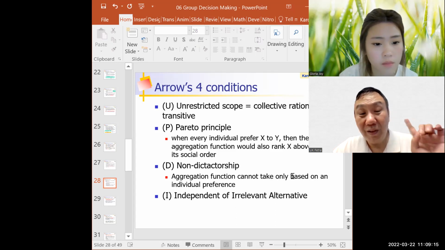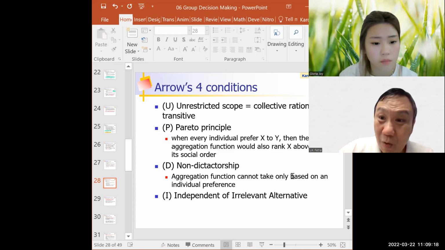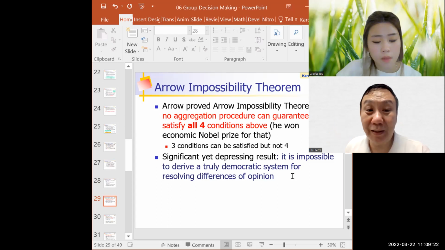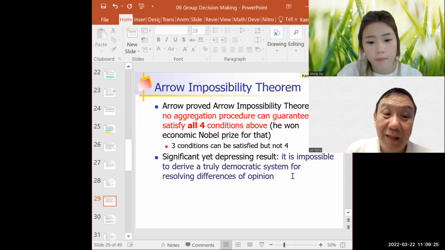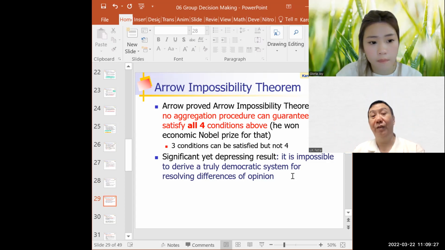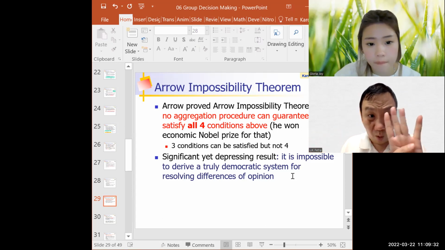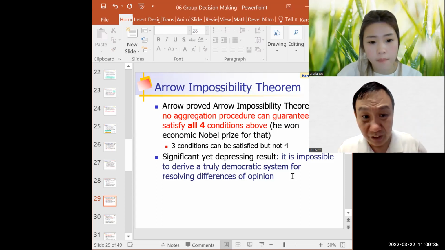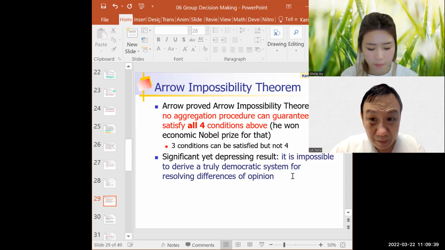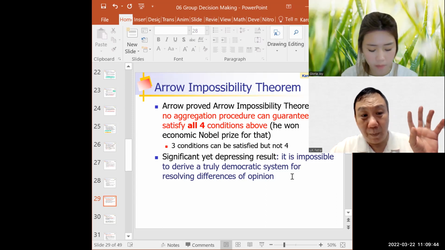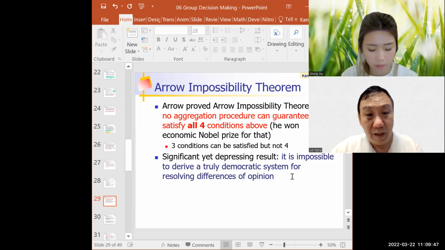Now, what is called the Arrow impossibility theorem is this. Arrow proved mathematically that no aggregation function can guarantee to satisfy all four conditions above. What's the meaning? It is impossible to create a democratic system for resolving a difference of opinion.